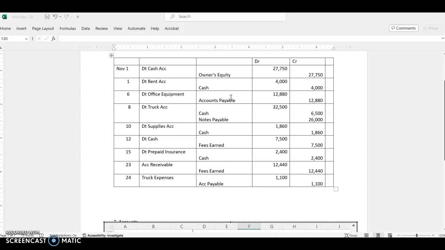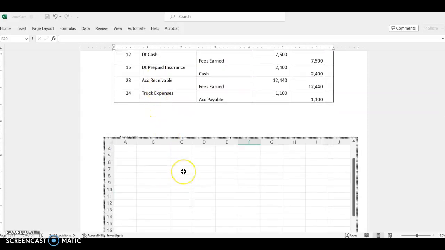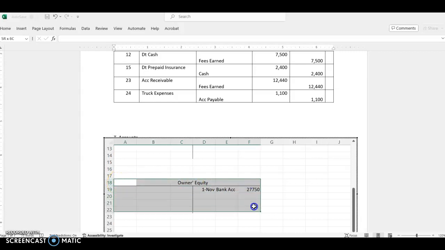Right, we proceed with the second transaction, rent paid in cash. November 1st, rent account, the amount is 4,000. We have to create the rent account.